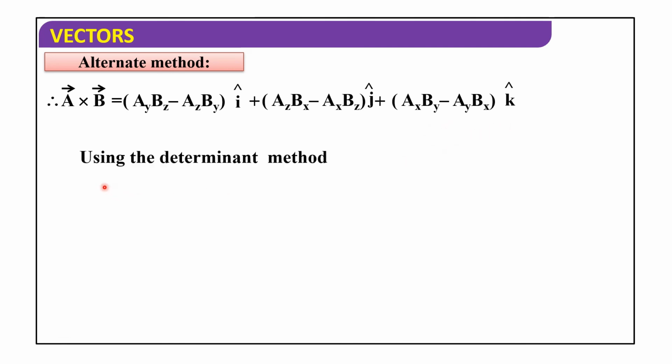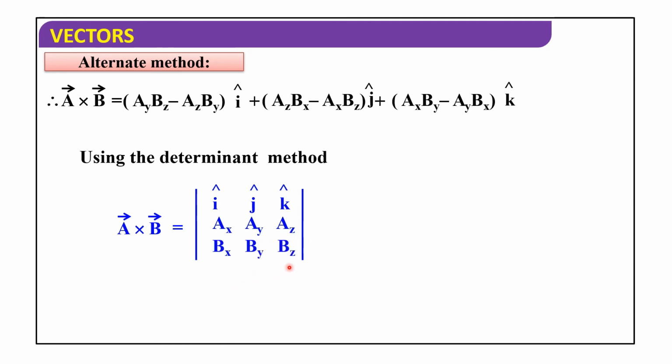Alternate method: using the determinant method, a bar cross b bar is equal to the determinant of i, j, k and its components ax, ay, az, bx, by, bz.